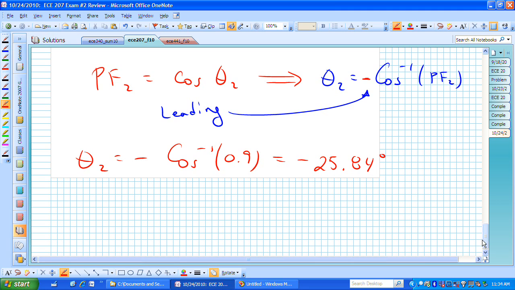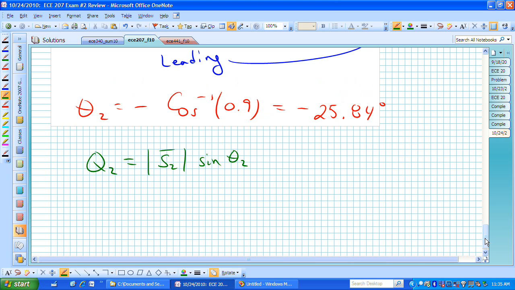With that information, we can use our formula for the reactive power of load 2. Q2 is the apparent power, the magnitude of our complex power, times the sine of theta sub 2.